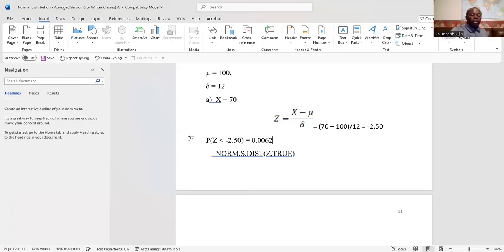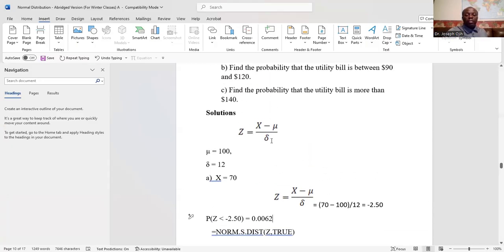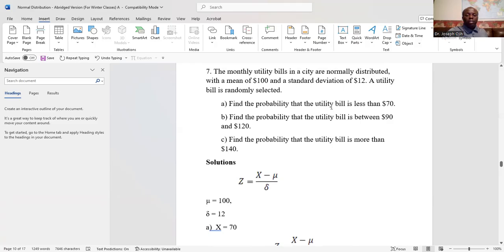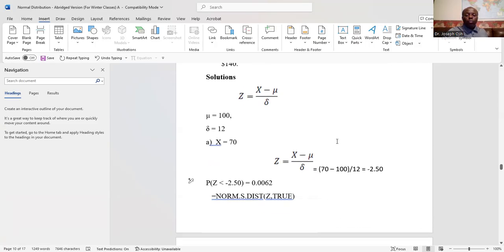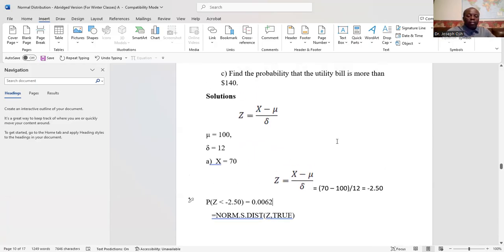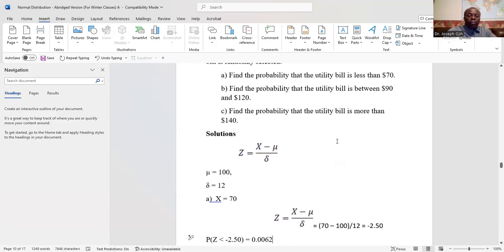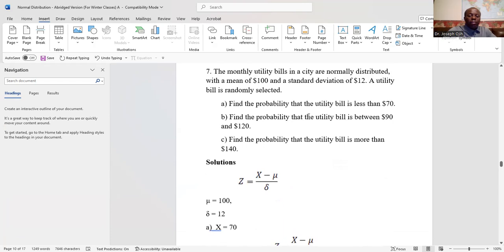It's about a 0.62% chance that the bill is less than $70. Does anybody have a question on this? Any question? Okay. Excellent. Good.